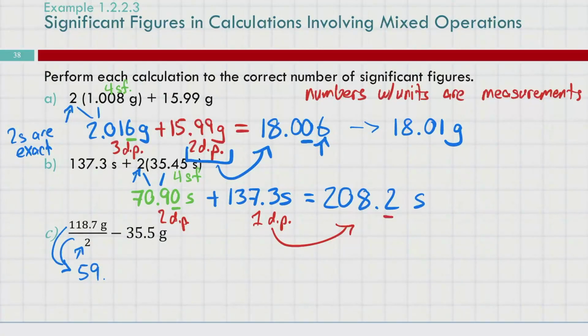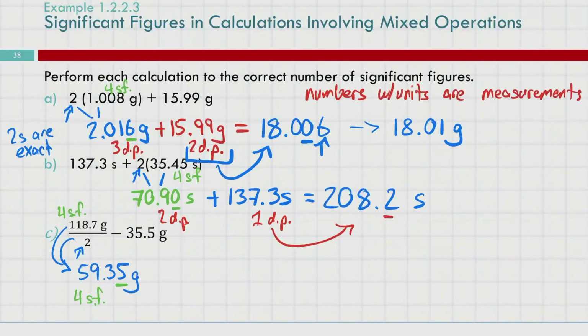Calculator says 59.35, and we know that it's grams. Just checking our significant figures, we had 4 in 118.7 grams, and conveniently 4 still with our 59.35 grams. So we've maintained our 4 significant figures.